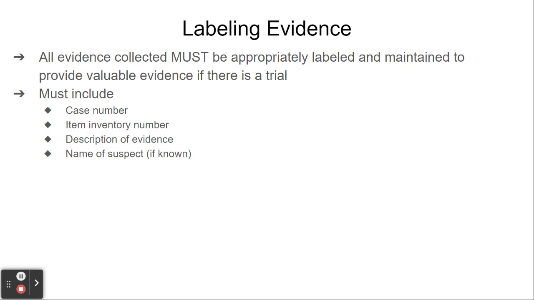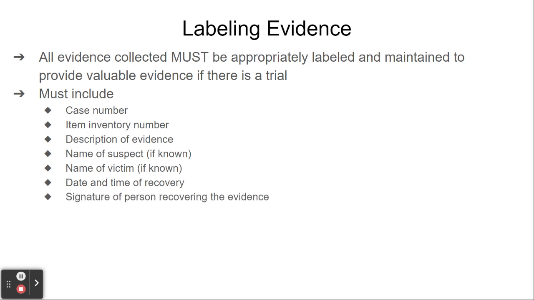If there's a suspect, you're going to identify that, the name of the victim, if you can identify that, eventually you'd be able to. When and where it was recovered. All very, very important to making sure that that evidence can be accounted for at all times. Who recovered that evidence, and then once it was recovered and signed into the lab, who received it, right? That becomes important as well.